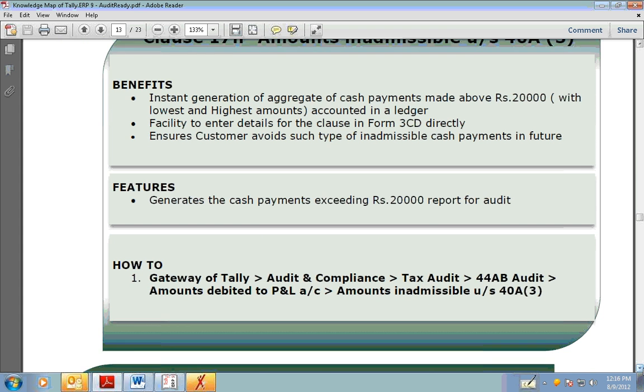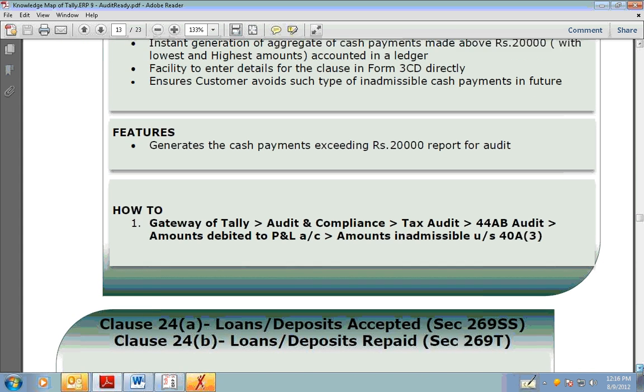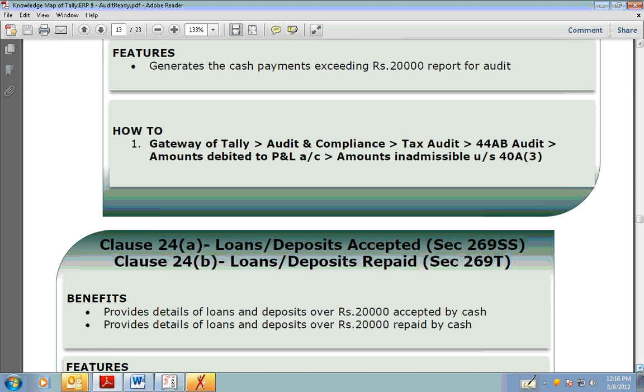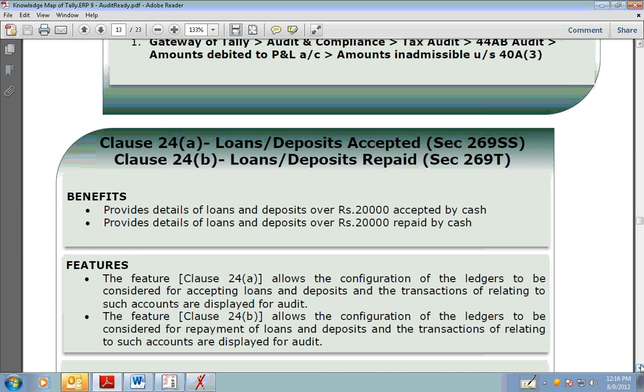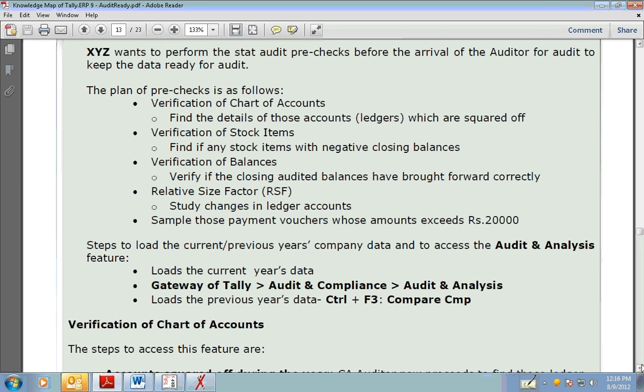Similarly, in the case of loans, accepting deposits in cash of more than 20,000 is a concern. They have to check those and see that the deposits of the loans are made through crossed cheque and DD. So these are key areas where one can check.